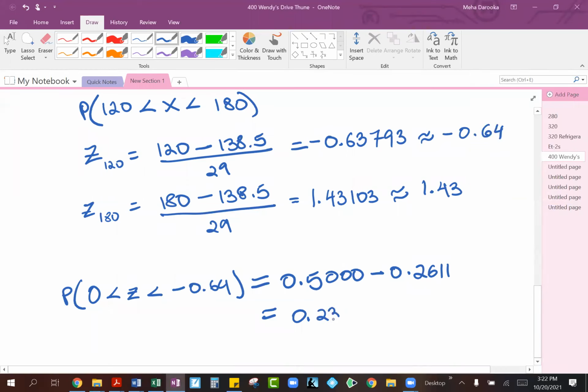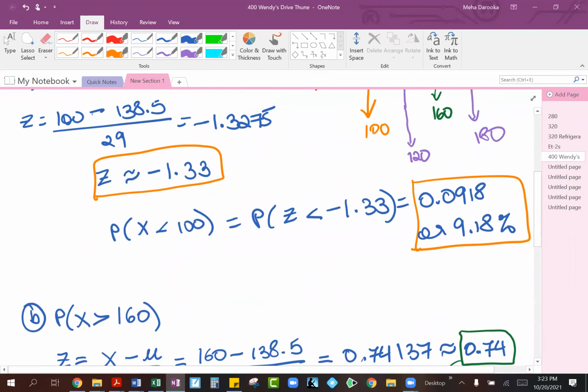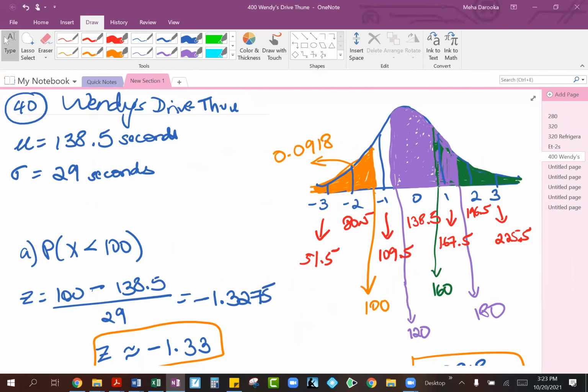0.2389 when you do this little subtraction. Okay, so to show you on our little bell curve over here, this is where your mean is, right?